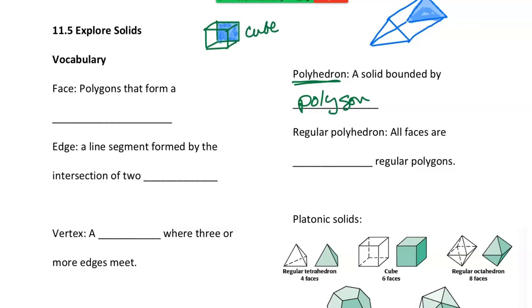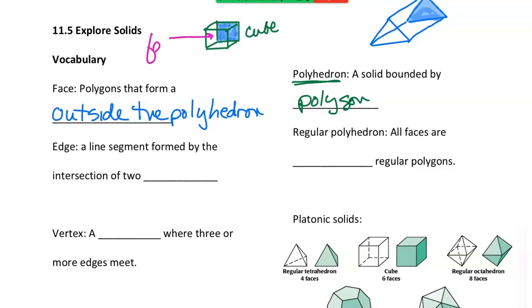The faces are the polygons that form the outside of the polyhedron. Okay, so here is your face. So let's change color. Okay, right here, and the blue in the background is a face.